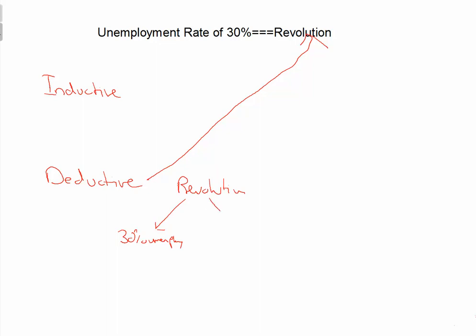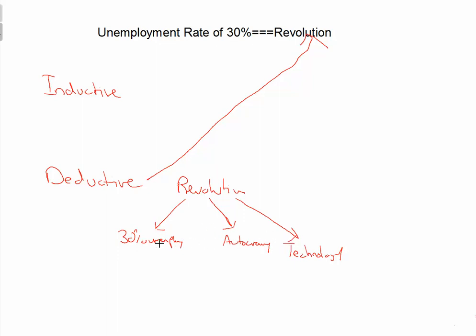Okay, and then you can look at other factors. There was an autocracy, because you don't have revolutions in democracy, although you do sometimes, but autocracy was a factor. Technology. And I bring this up because there are certain factors, not just the unemployment rate of 30%, but other things that can cause a revolution.